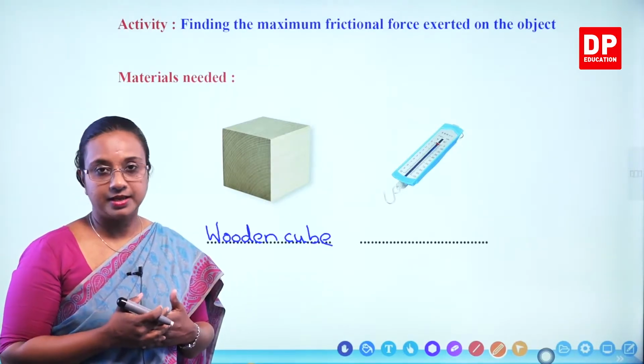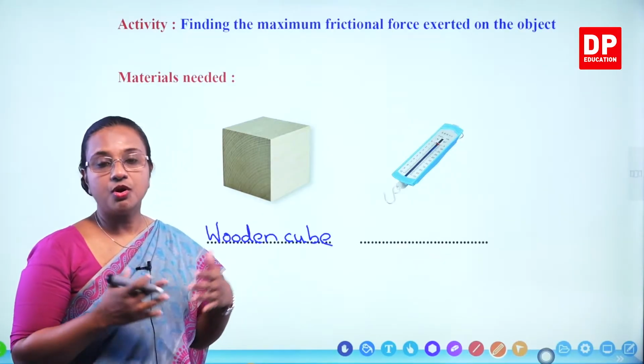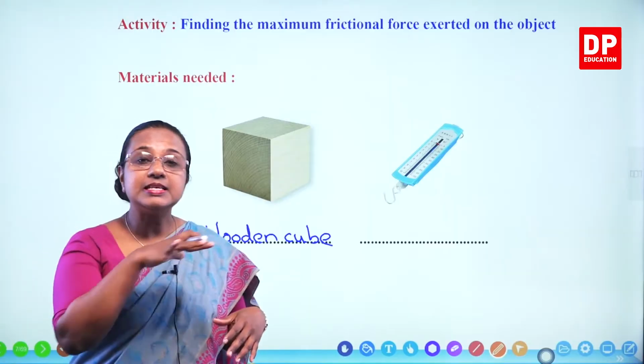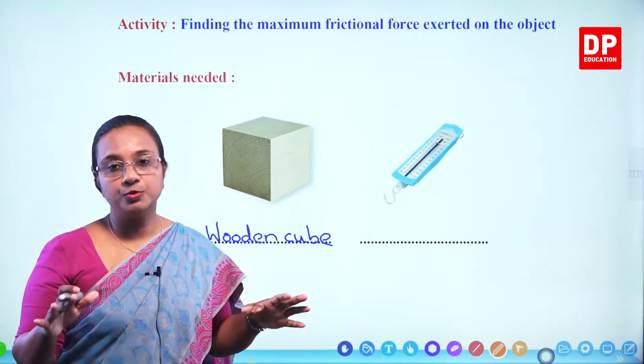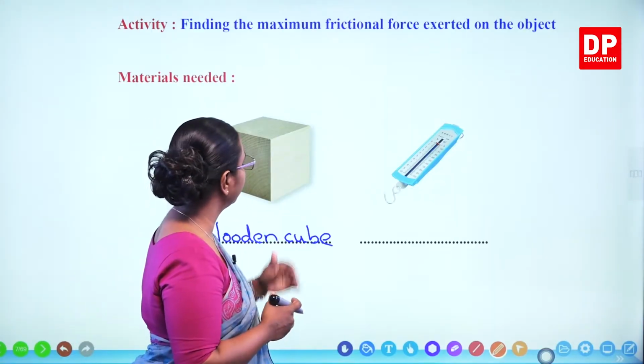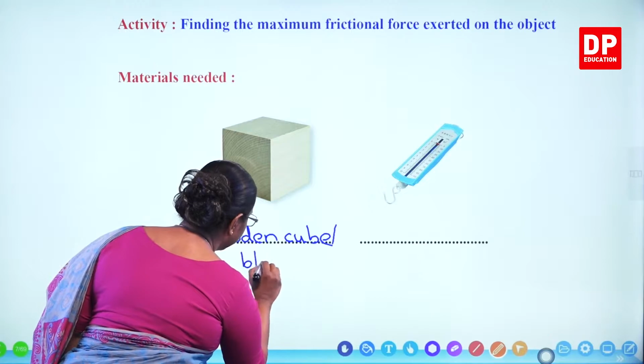Both are fine. So, it can have all similar faces or it can have different faces, but the surface has to be smooth and even. So, we need a wooden cube or a wooden block.